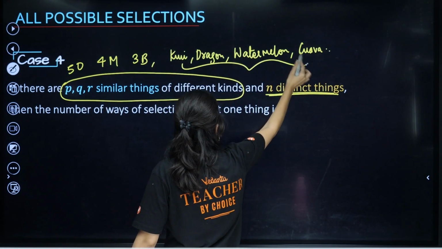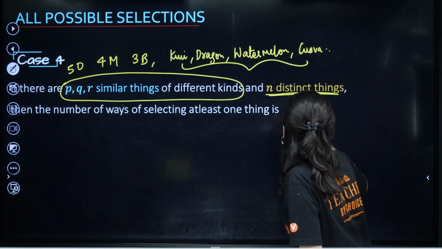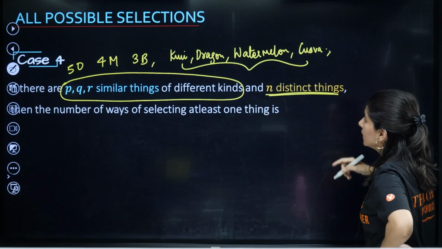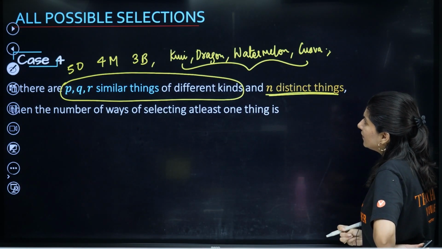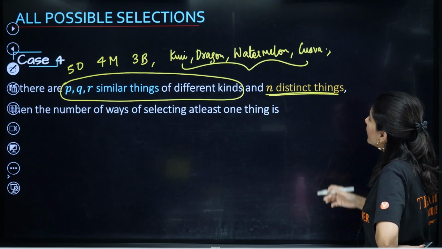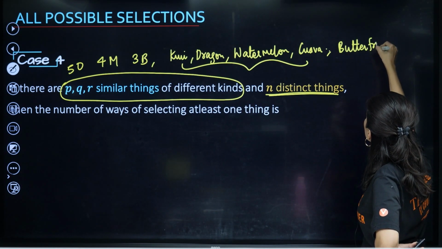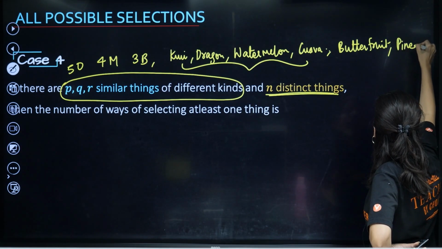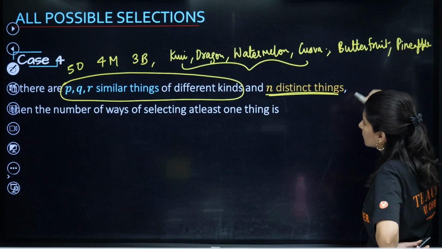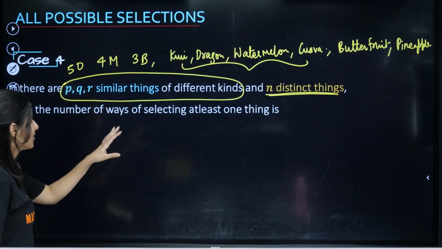So this is again 4. One more. Now 2 more actually I want, so that we will differentiate between these 2. Kiwi, dragon fruit, watermelon, butter fruit, and then pineapple. Yes, correct. Okay. Apple. Yes, now I remember. It's fine.